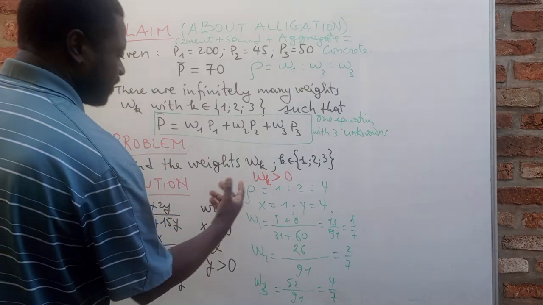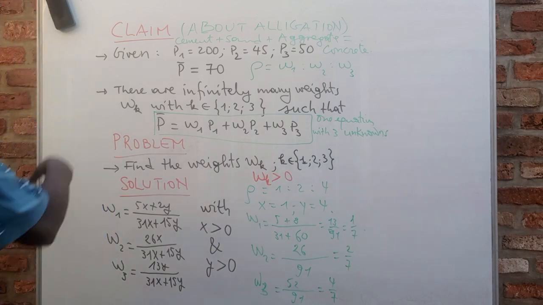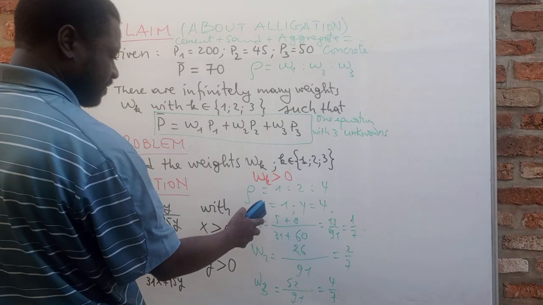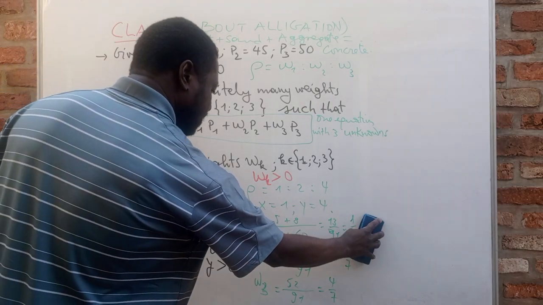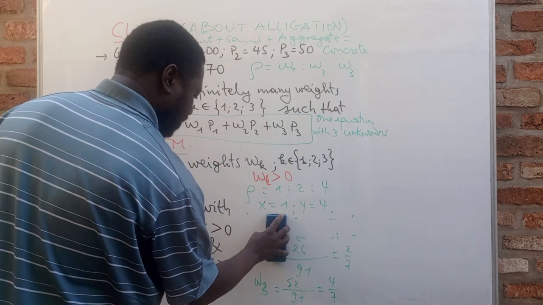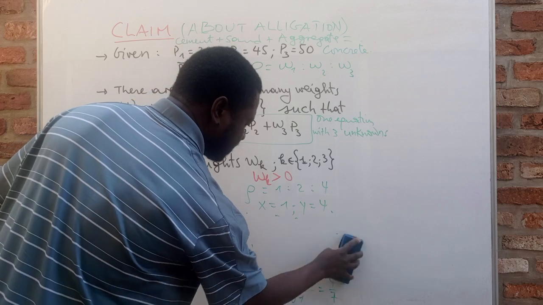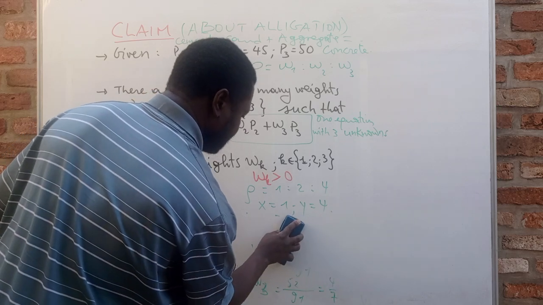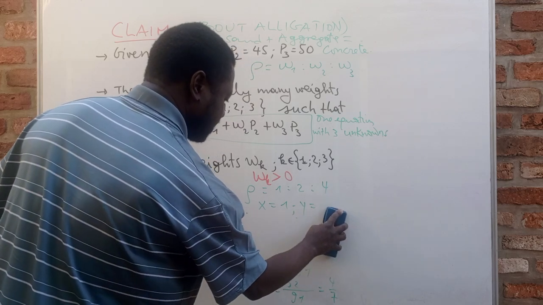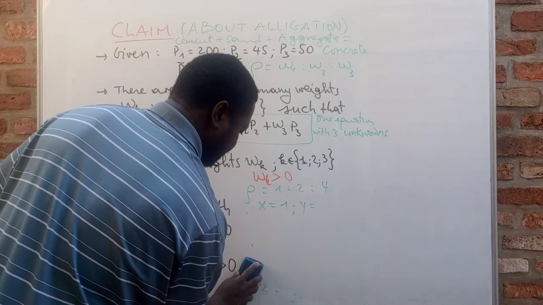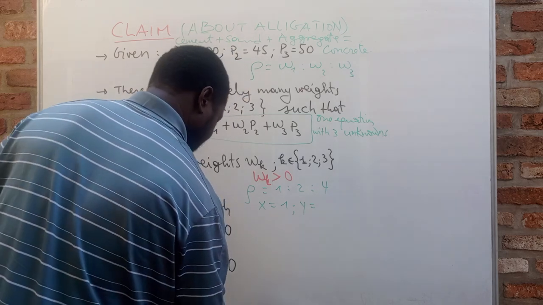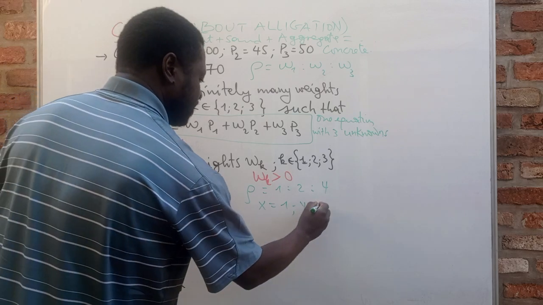But suppose I change the values of x and y here, I'm going to get other weights. Suppose, for example, that we put 1.